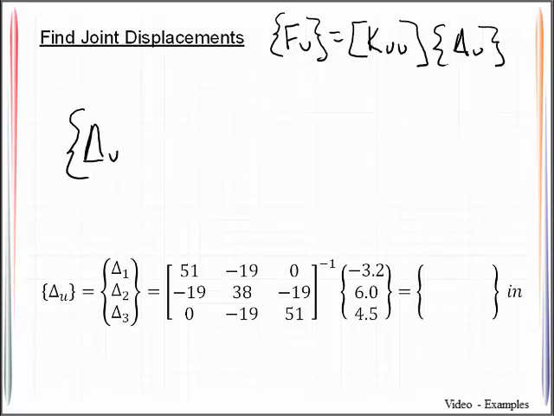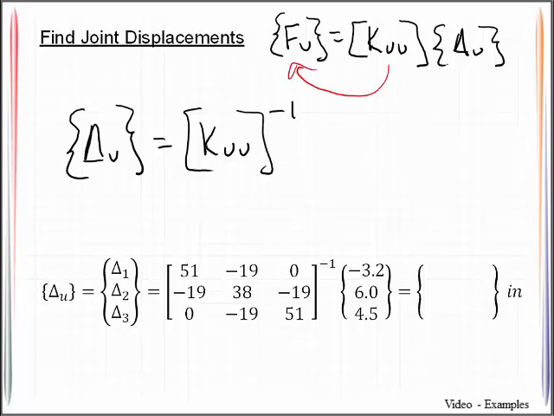Delta U, and that will be a column vector, is equal to KUU, but I'm going to have to take the inverse because what I'm essentially doing is moving that to the other side. And so then I get this force vector F sub U.